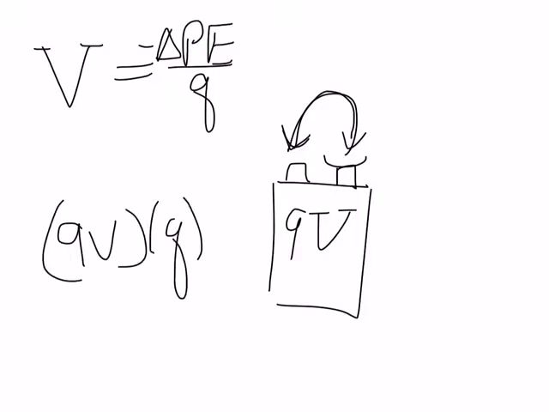So if it's one positive electron charge, for instance, it's 9 volts times 1.6 times 10 to the minus 19th coulombs. If I send one electron over, which would go the other direction, obviously, that's negative 1.6 times 10 to the minus 19th coulombs times 9 volts, which is whatever the multiplication.